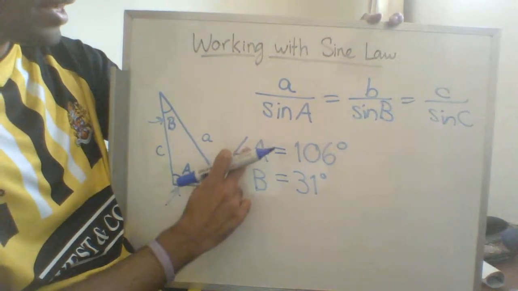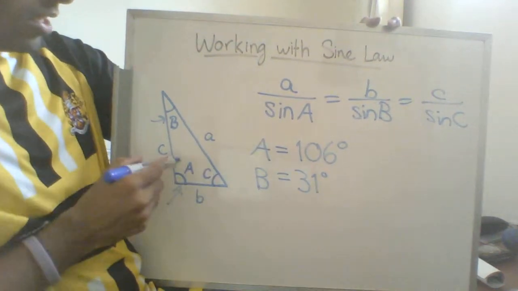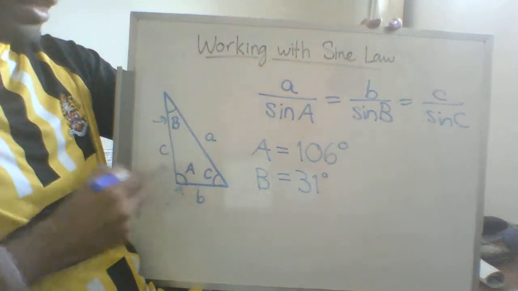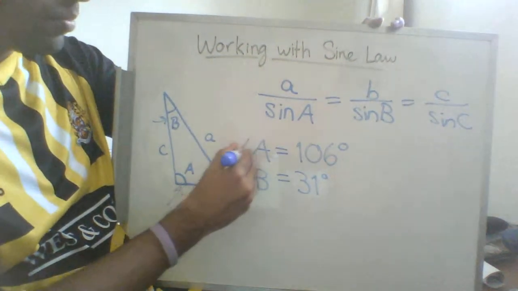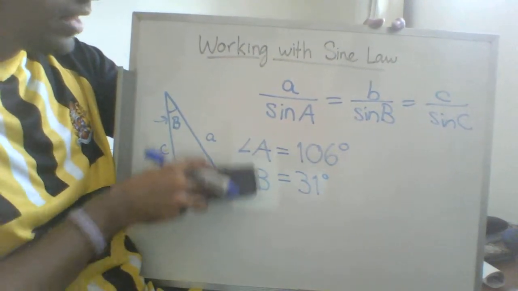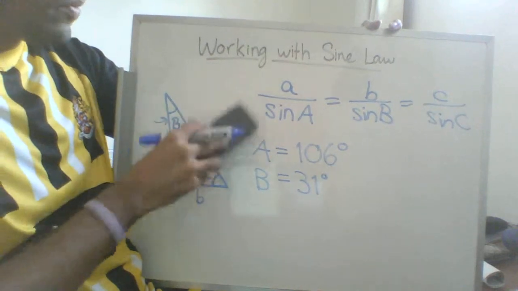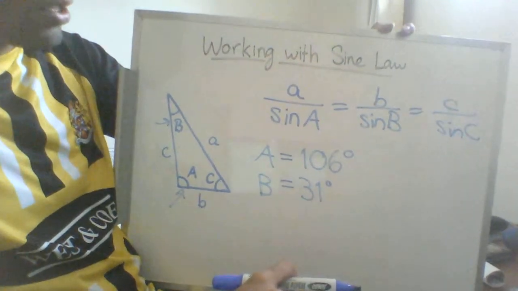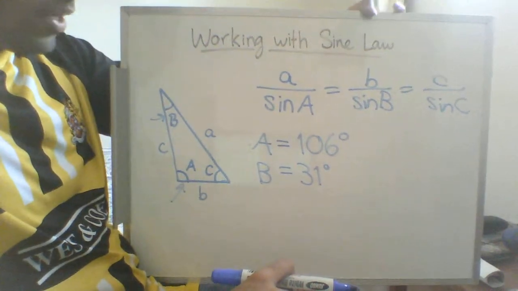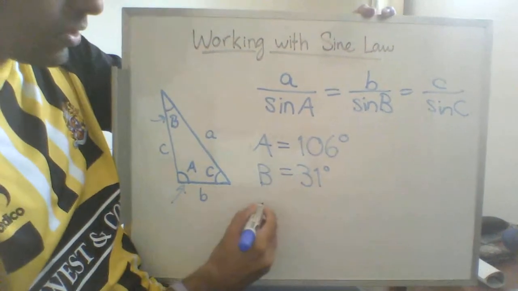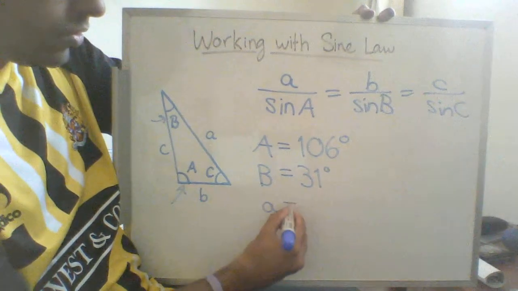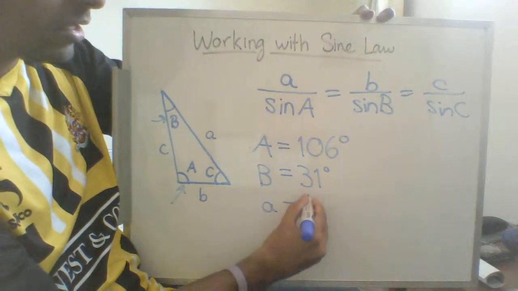I'm not writing it in only because you can see that I've labeled the angles with capital letters in the diagram. If there was no diagram, it would be better to say angle A and angle B, but with the diagram there's no need. So we know that angle A is 106 degrees, angle B is 31 degrees, and we've also been told that the length of side A is 10 centimeters.